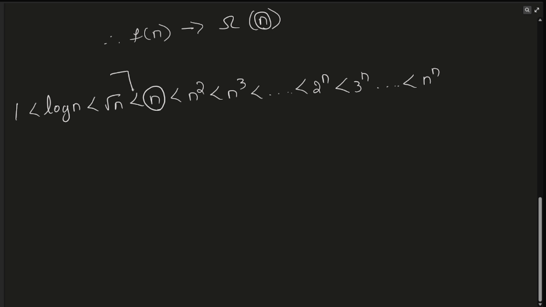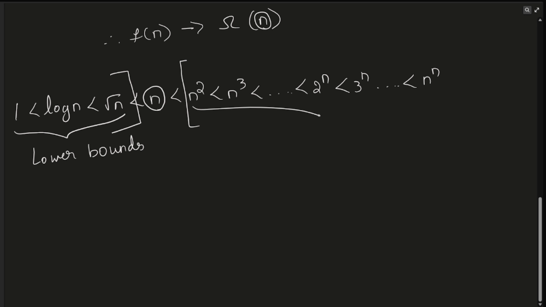All the time functions before n, including n, are considered as lower bounds, and all the time functions after n are considered as upper bounds. My bad.